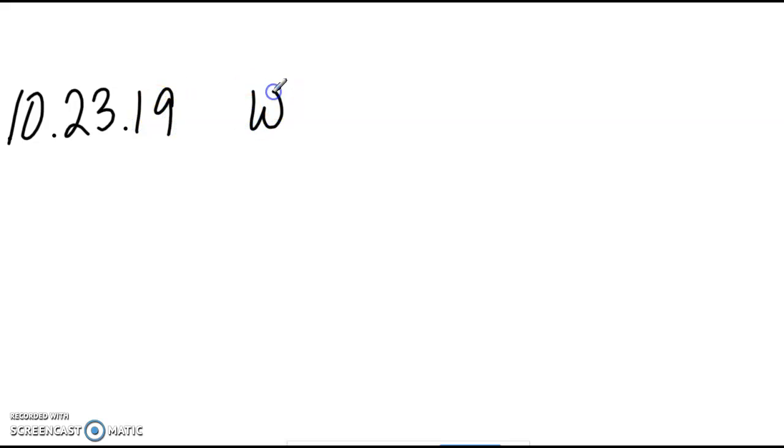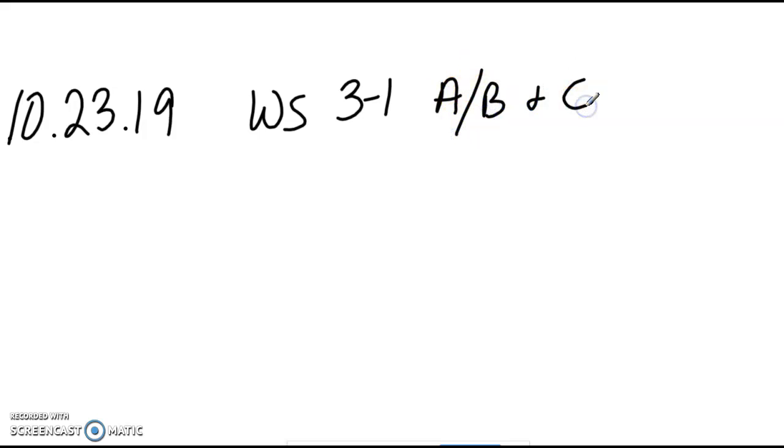Go to your homework log, and you can write this down. It's 2 sides. So the first side says lesson 3-1 A/B, and the back side has C.